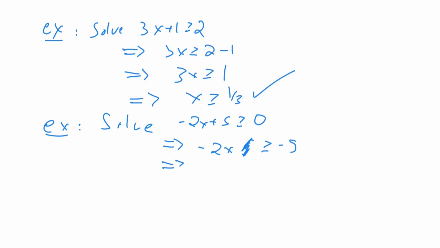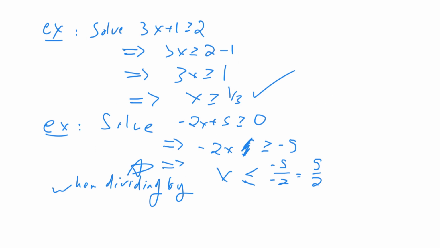But then when I divide by negative 2, I get that x is now less than or equal to negative 5 over negative 2, so 5 halves. So the key step here is that when I divide by a negative number, we have to flip the inequality.